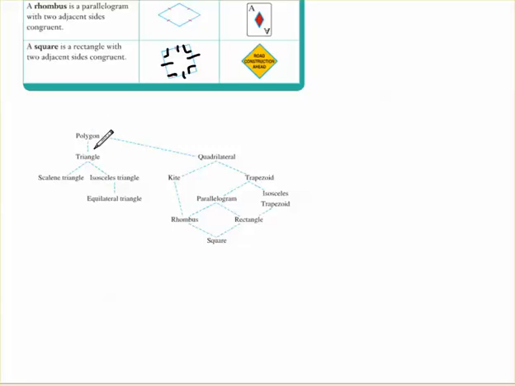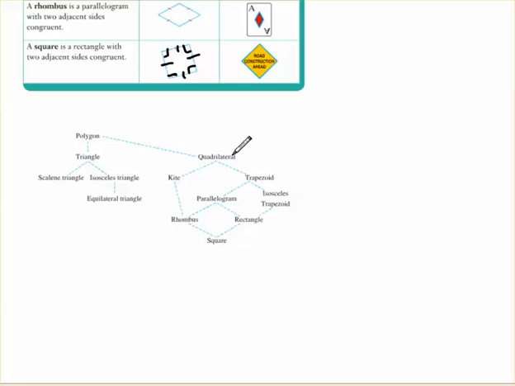We have polygons, two different types of polygons because there are more, but this is just two different types. First of all, we're going to be talking about a triangle. And when we talk about triangles, they could be either scalene or isosceles. And then a very special kind of isosceles triangle is an equilateral triangle.